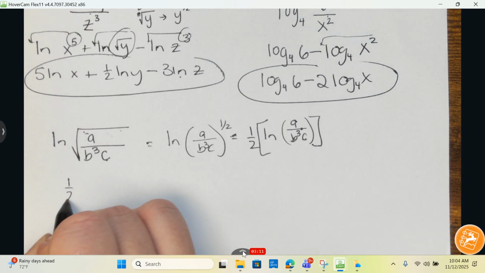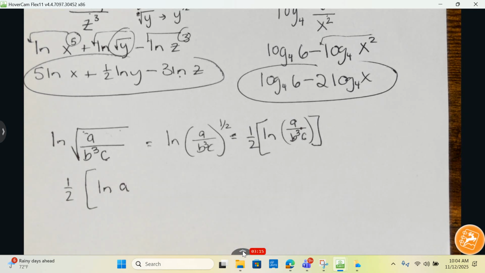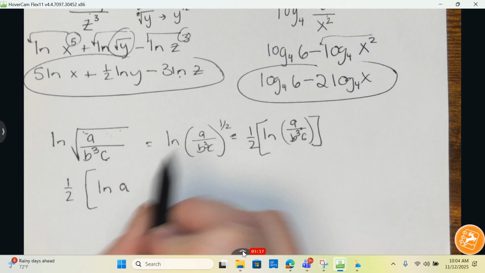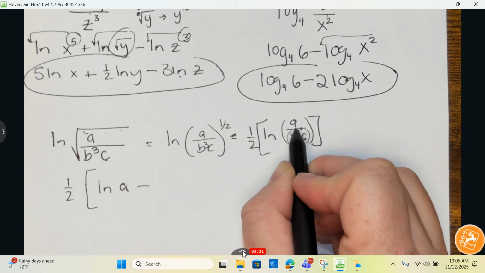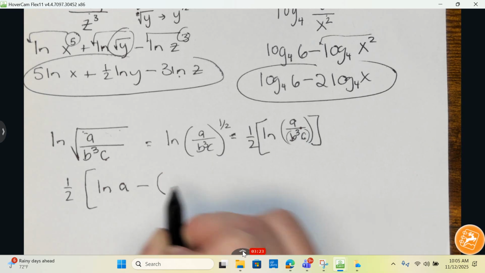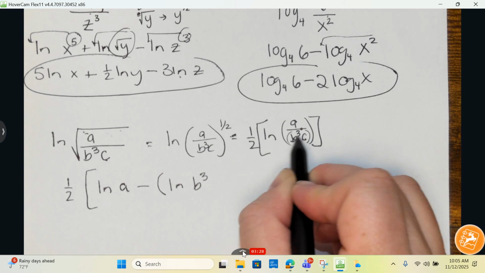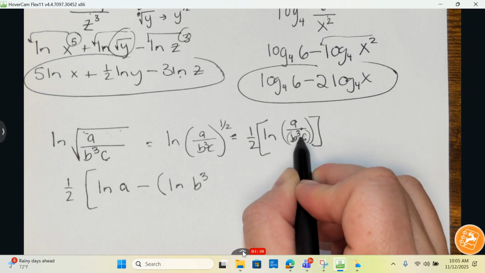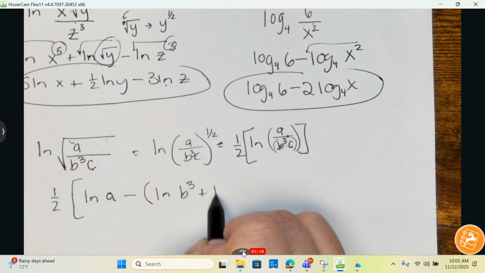So I have 1/2 times, we have the ln of a, well, that's pretty simple. Division turns into subtraction. Now, it's this entire quantity that I'm dividing by, so I'm going to put a parenthesis, and I have ln of b cubed. Now, within this portion of the denominator, they're being multiplied, and multiplying goes into addition, plus the ln of c.